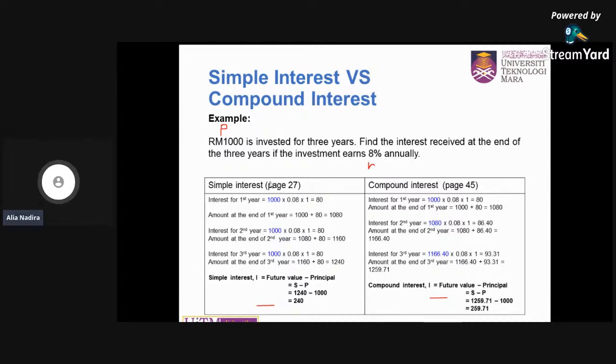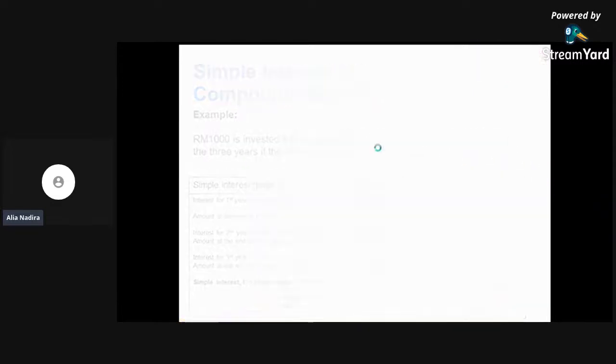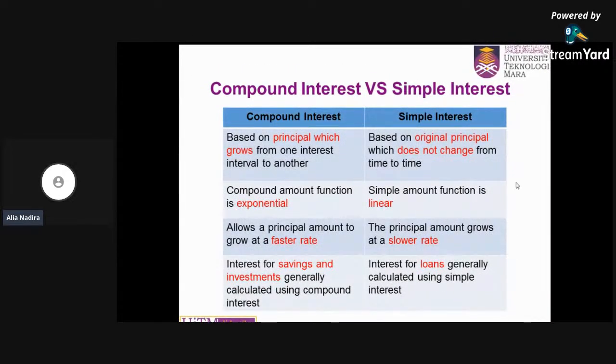Basically in simple interest, the P is maintained throughout the years, it is the same. But in compound interest, the P changes from time to time, depending on the amount you get. So the difference is that compound interest is based on principal which grows from one interest interval to another.